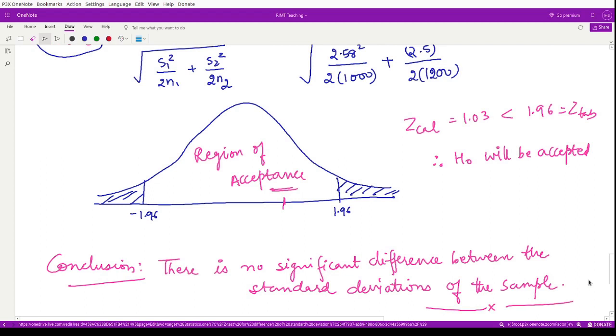So this is how you use the Z test in order to determine various test statistics for large samples.